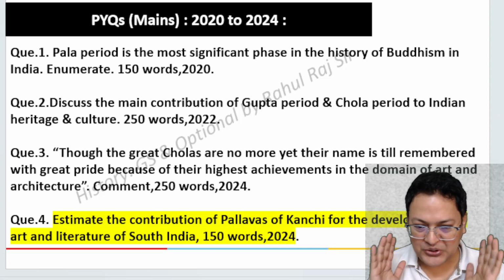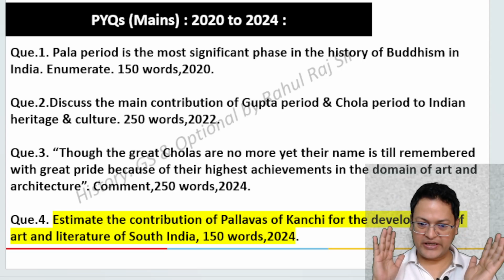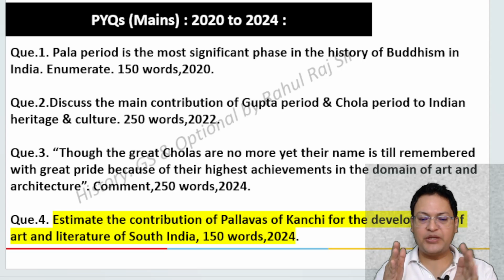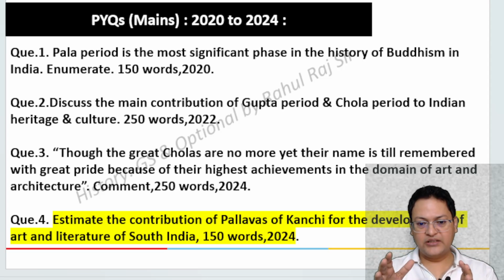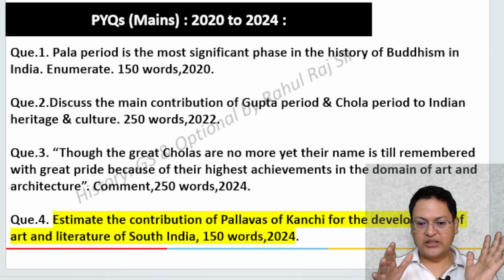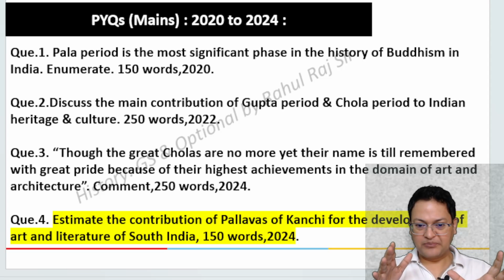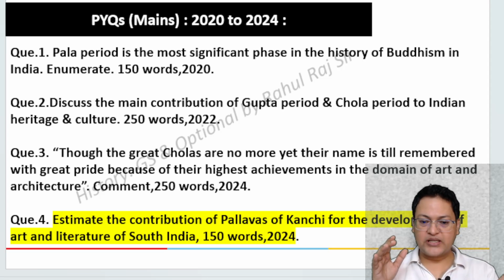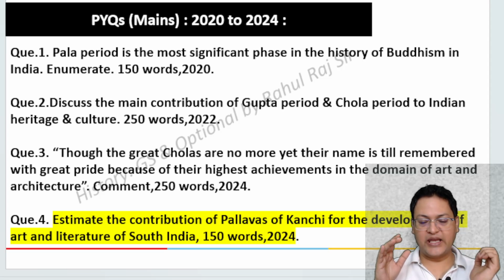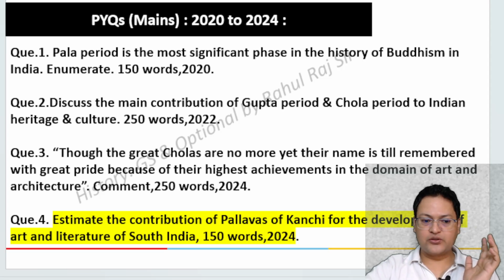Okay, now let's see how to deal with this question, right? Similar questions will be asked in future, like Chalukyas of Vatapi, Chalukyas of Kalyani, in mains I am talking about, right? Harshvardhan, and you can say Pratiharas, Rashtrakutas, these are future probable questions and they are doable. So let's now move ahead with this question.